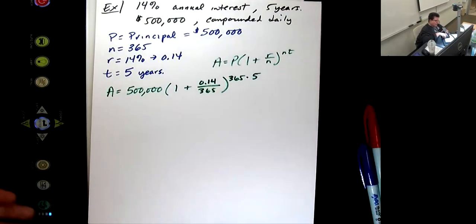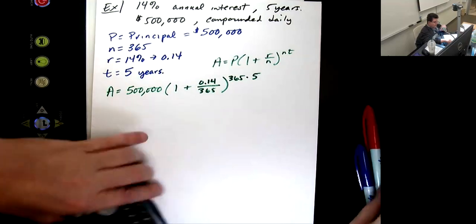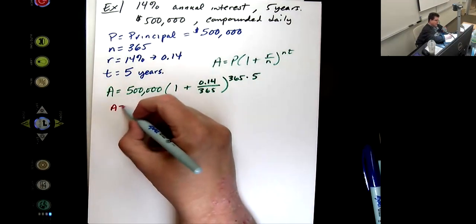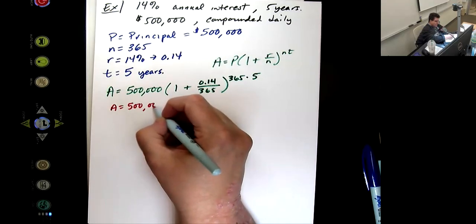So take it slow, do like the inside first. And you could probably get the exponent done at the same time. I recommend doing this in pieces though.